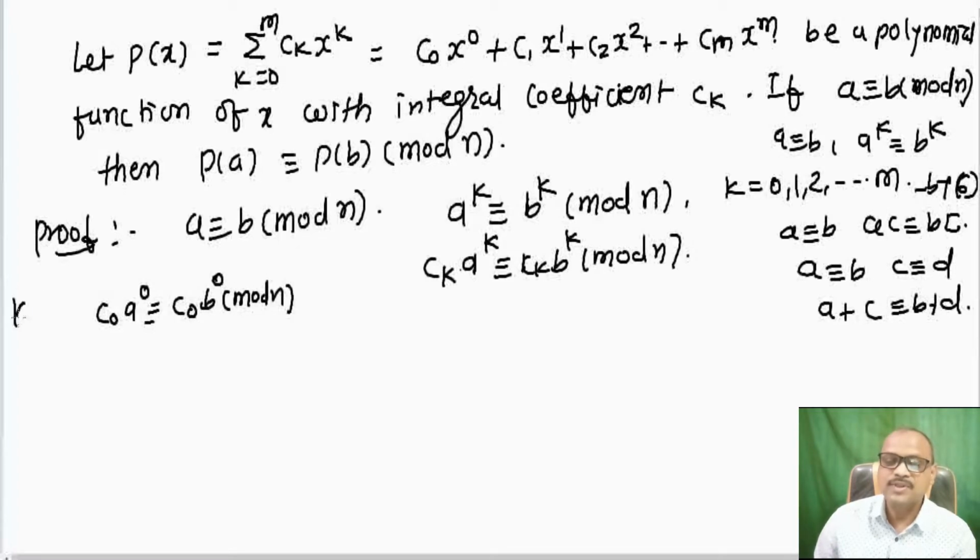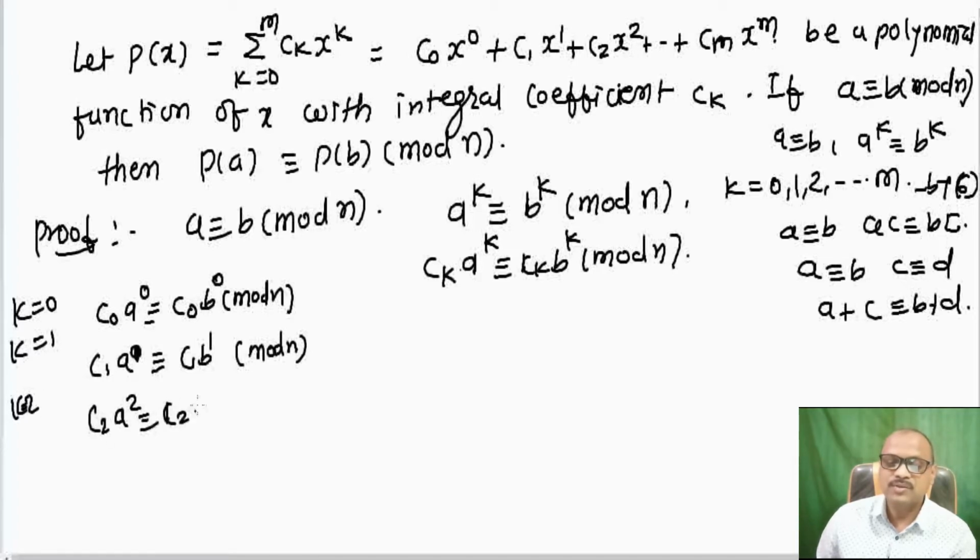For k equal to 1, c1 a raised to 1 is congruent to c1 b raised to 1 modulo n. For k equal to 2, c2 a squared is congruent to c2 b squared modulo n. So these are the different congruences and we can add all of these by this property of congruence.